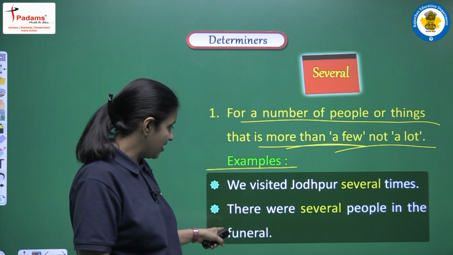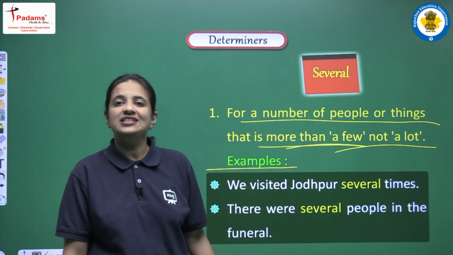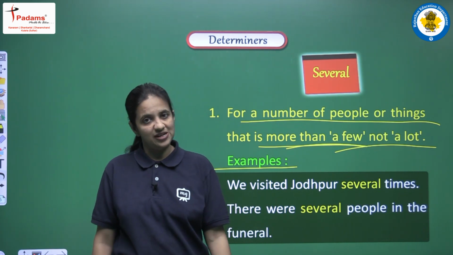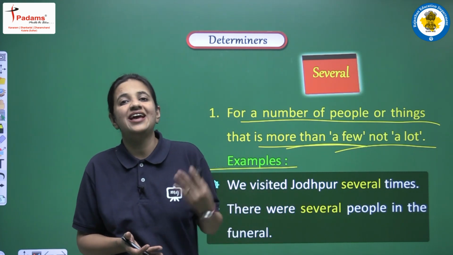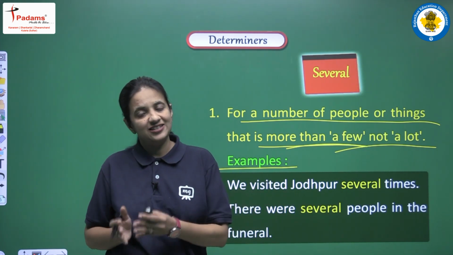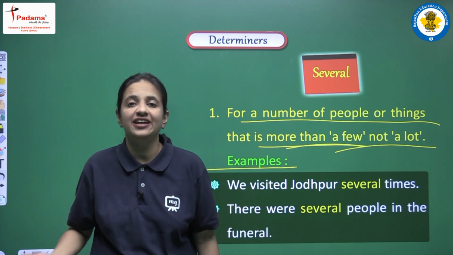One more example we are having here is, there were several people in the funeral. So in this way we can use several. Several means something that is more than a few but less than a lot, and it is used for people and for things.